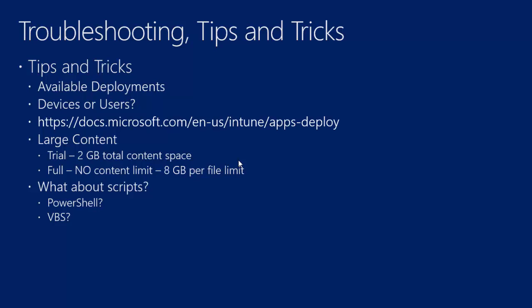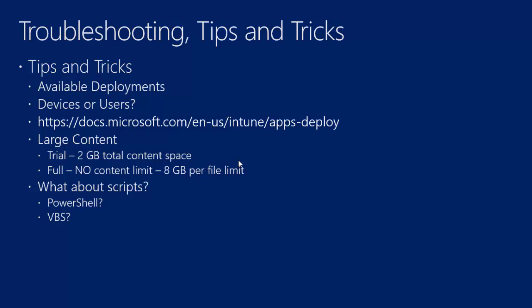So, available deployments. You can deploy pretty much anything as available. When you deploy something as available, you have no choice except to deploy it to a user. You cannot deploy something as available to a device. Why?